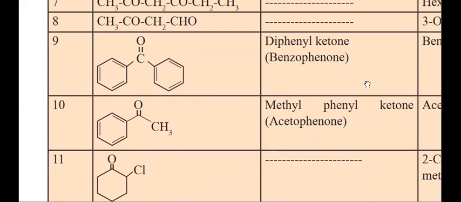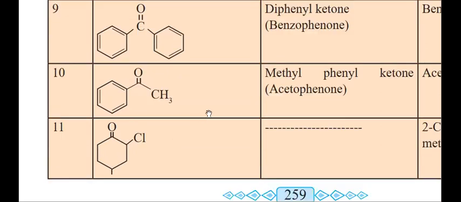Then trivial names: it is called diphenyl ketone, as both groups are aromatic or benzene. Another one is methyl phenyl ketone. In alphabetical arrangement, methyl comes first, then phenyl, and it is a ketone.